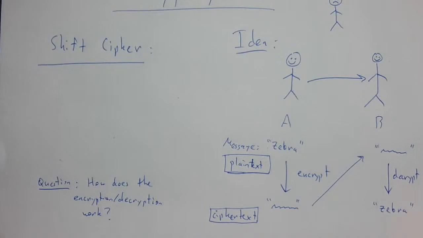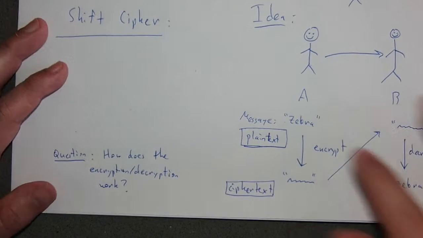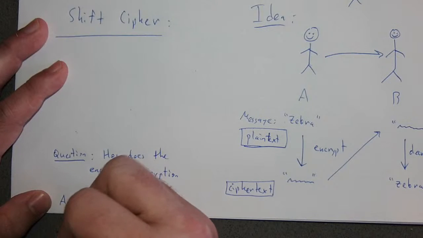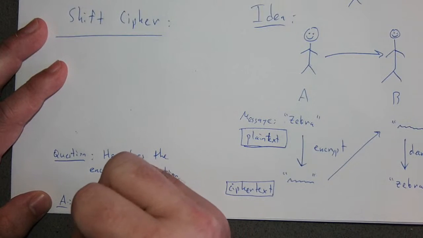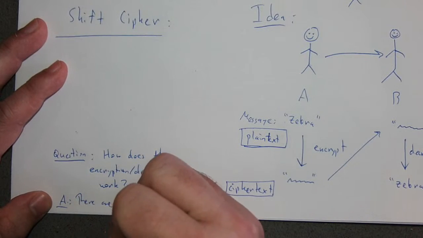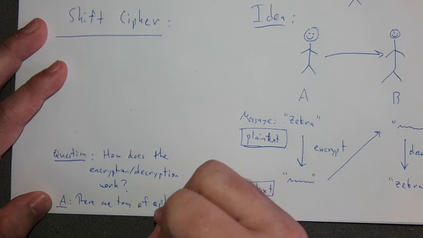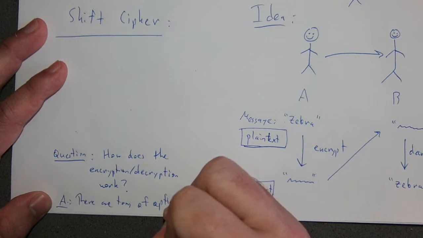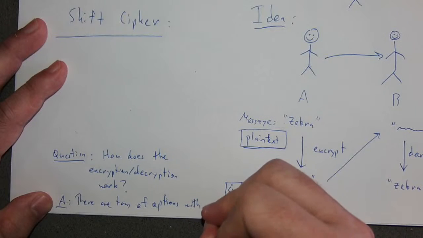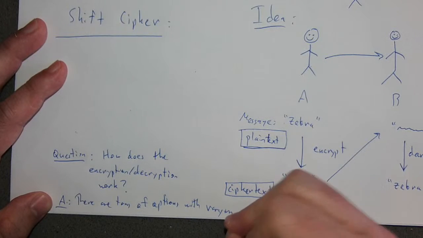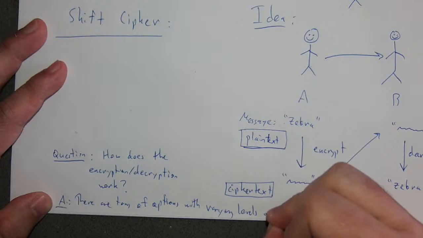So anyway, the question of how the encryption decryption works really depends on the method used, right? So answer: there are many methods, tons of options with varying levels of security.